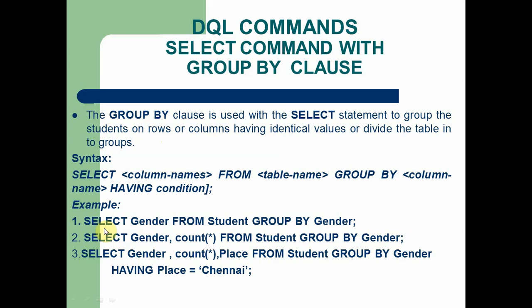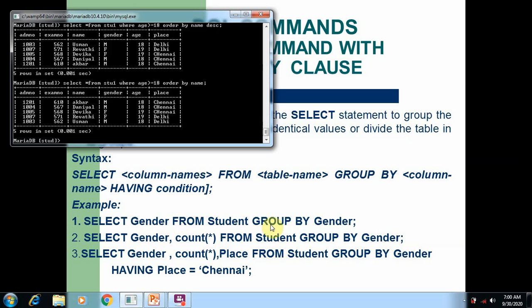Now in this example you can see select gender from student, group by gender. So all the genders are grouped and number of students are displayed here. Now the first command is going to execute here.